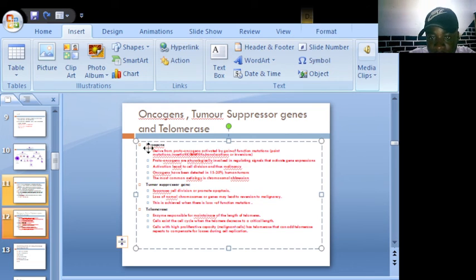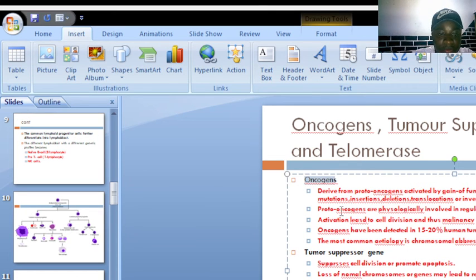So oncogenes. Basically, oncogenes are derived from proto-oncogenes, which are activated by gain of function mutation. Now, gain of function mutation is sometimes a point deletion or point mutation. There is insertion, there is deletion, and translocation or inversion of a specific chromosome.